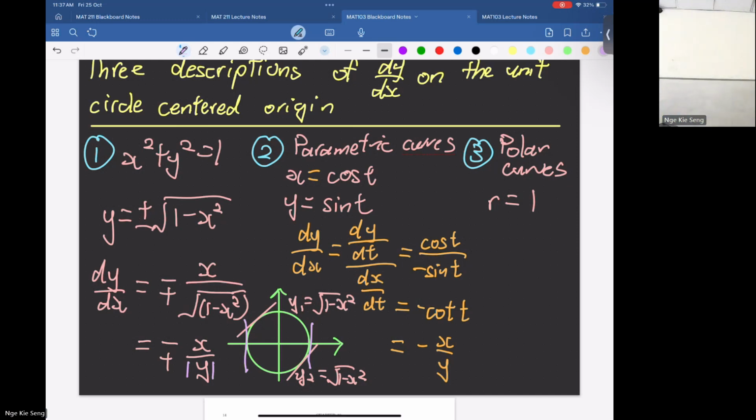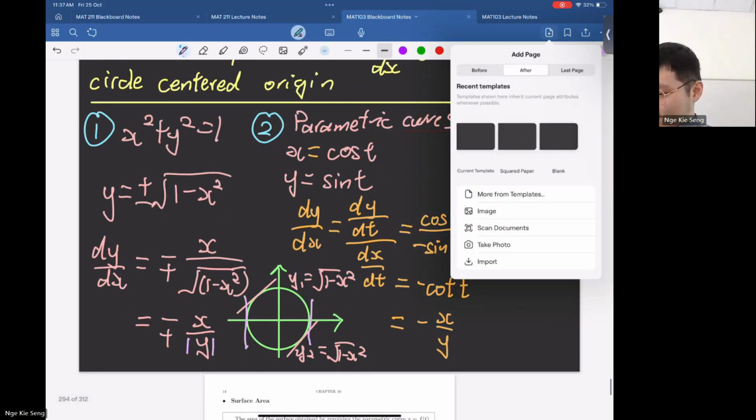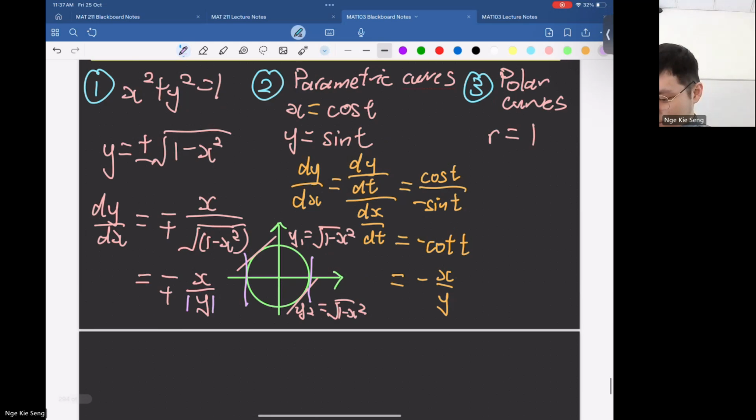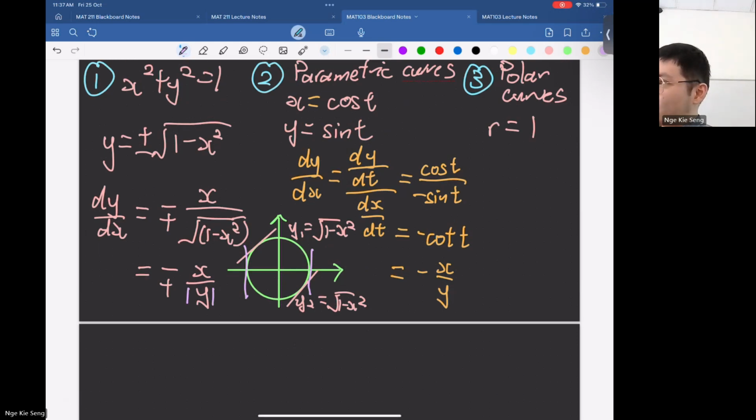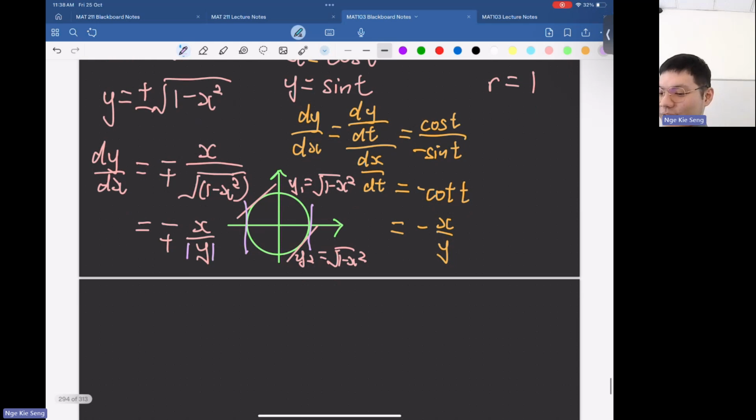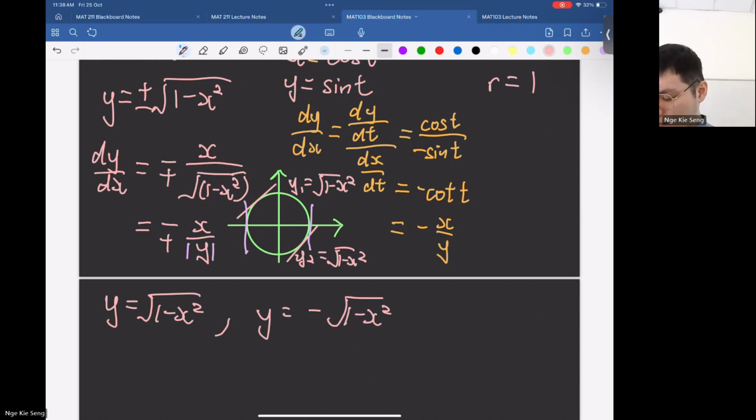Yes, I need to consider two cases, and I'll just compute it carefully. So if I seriously compute these two things, what do we get?